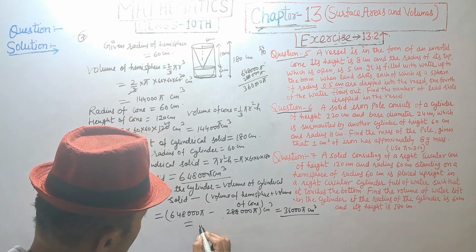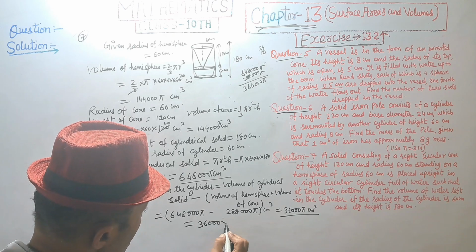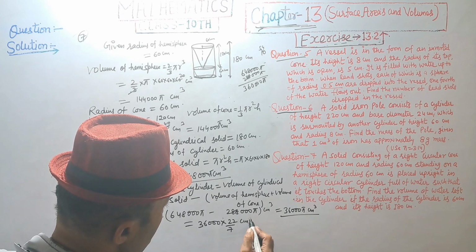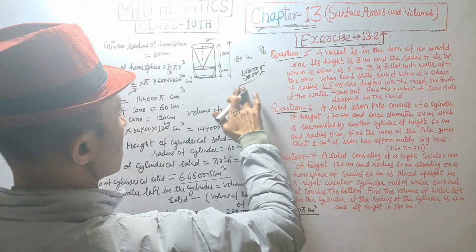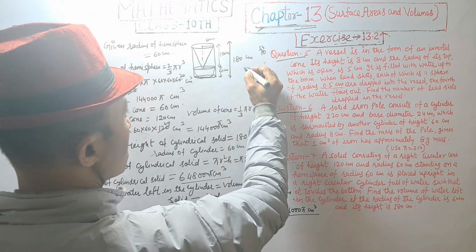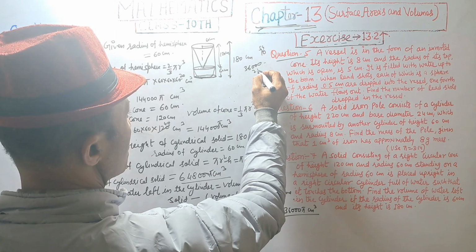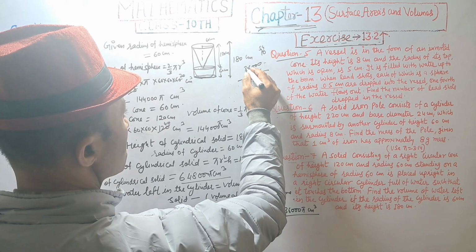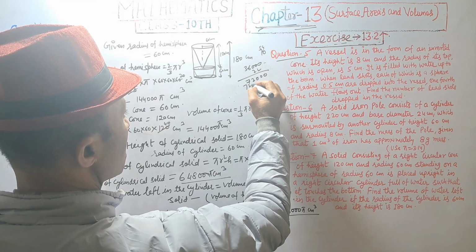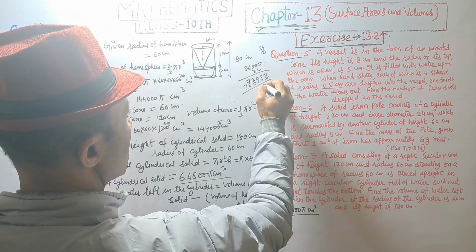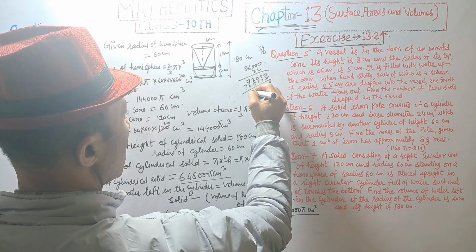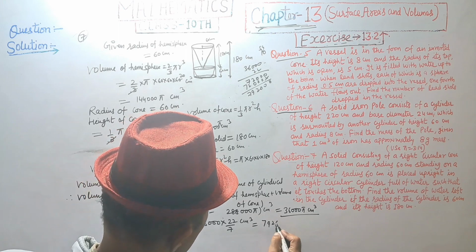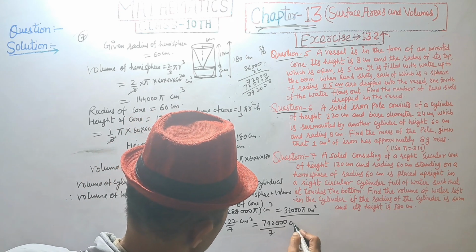And that is equal to 360,000 into pi, 22/7, centimeter cube. 360,000 into 22 upon 7, we get 7,920,000 divided by 7 centimeter cube.